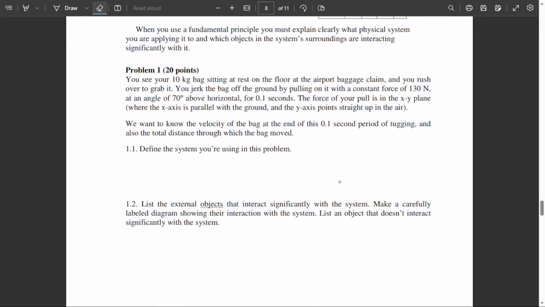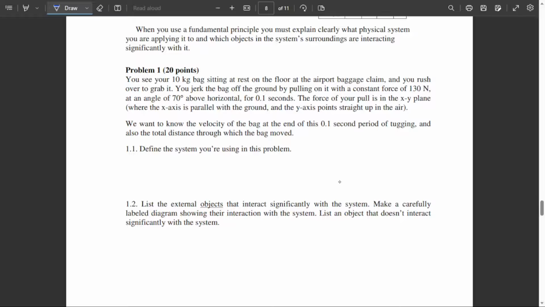Starting with problem 1. You see your 10 kilogram bag sitting at rest on the floor of the airport baggage claim, and you rush over to grab it.